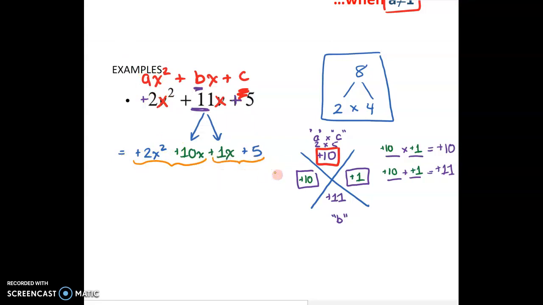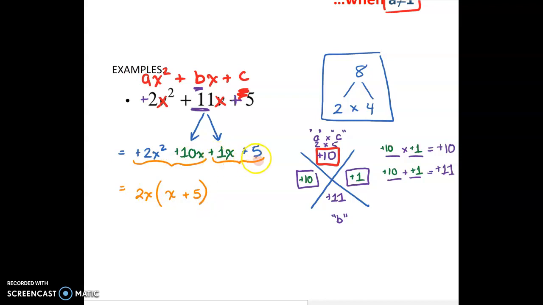Okay? And so with this factor by grouping, I would look for a greatest common factor between the first two terms, which in this case is going to be 2 and an x. And what I'm left over is 2x squared divided by 2x leaves me just 1x left over. Plus 10x divided by 2x will give me plus 5.